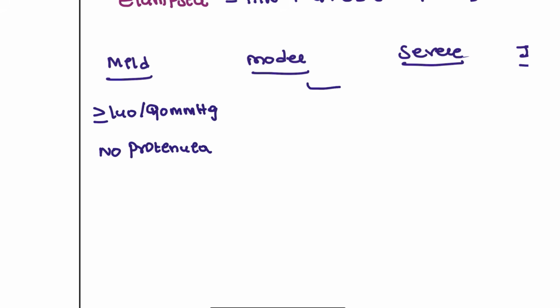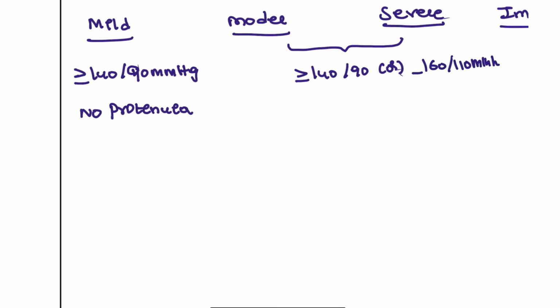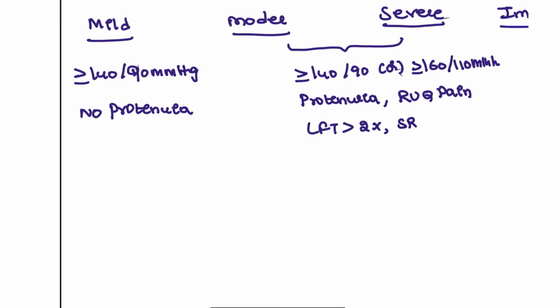Moderate and severe is as follows: BP more than 140 by 90 or more than 160 by 110 mmHg, along with which the patient has proteinuria, right upper quadrant pain, LFT deranged more than 2 times normal, and raised serum creatinine.